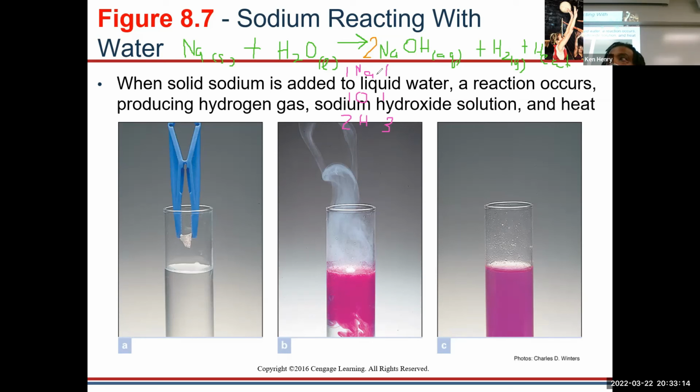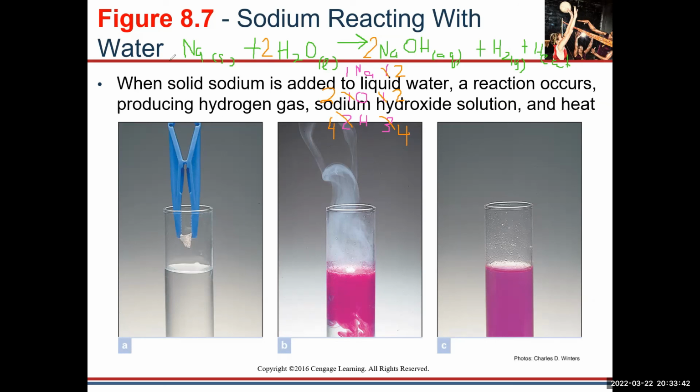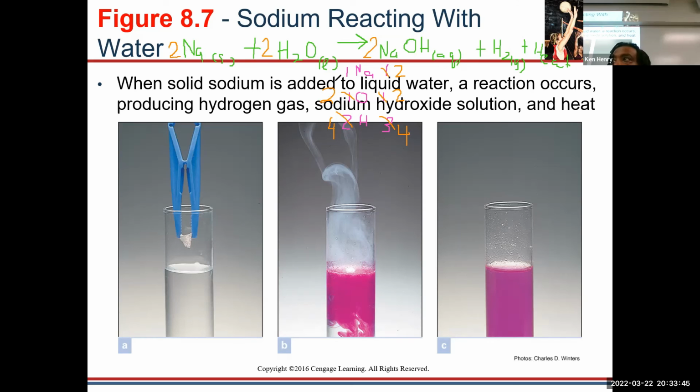So if we put a 2 in front of the sodium hydroxide, we now have 2 sodiums, 2 oxygens, and 4 hydrogens. Now, what do I have on the other side? If I put a 2 in front of H2O, that gives me 2 oxygens and 4 hydrogens. And put a 2 in front of sodium. So that's 2 and 2, 2 and 2, 4 and 4. Are we balanced? Yes. Okay. Piece of cake?